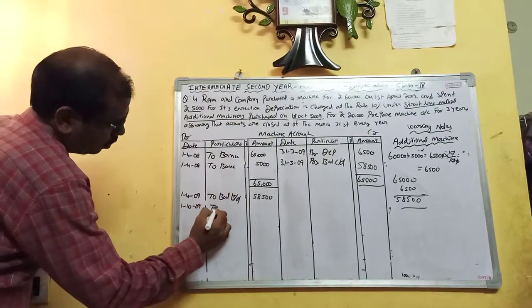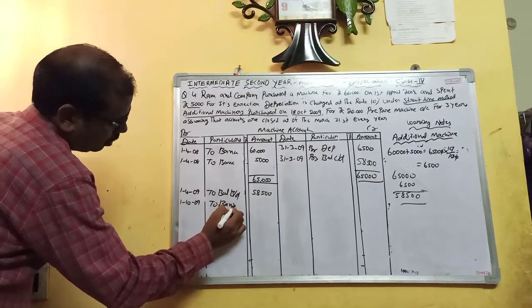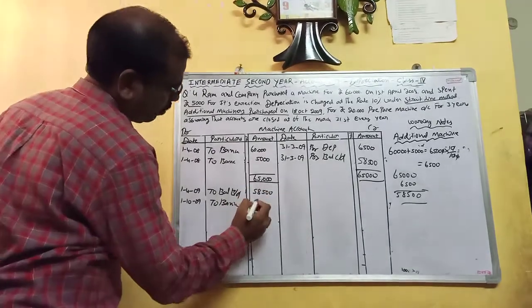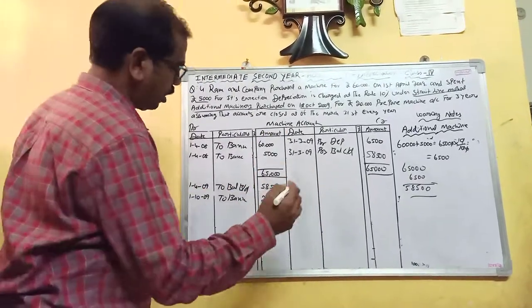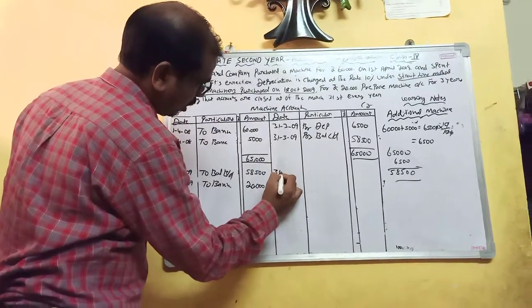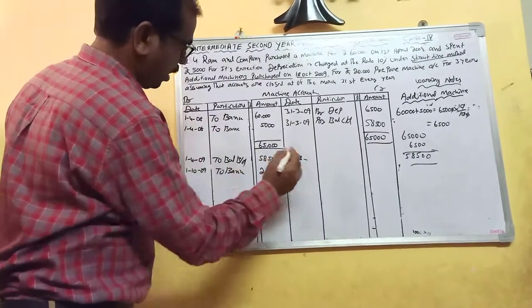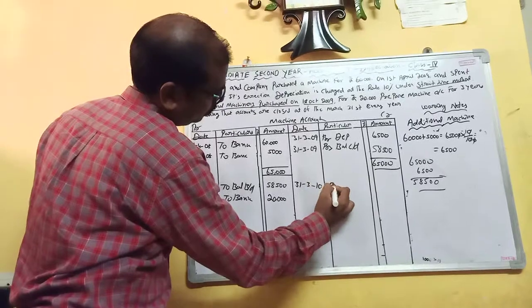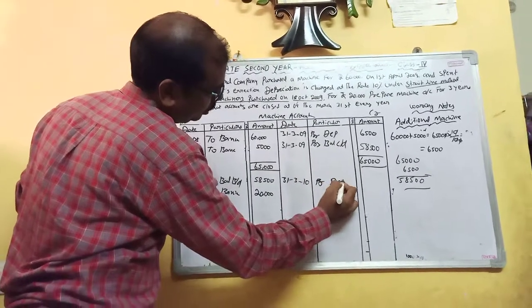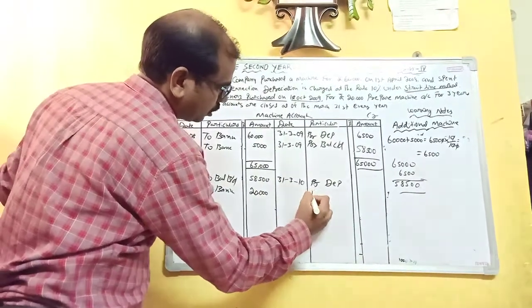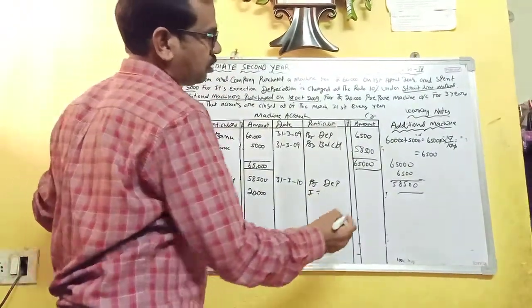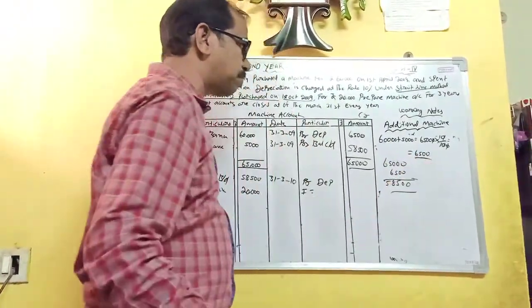1st October, to bank, because we bought it now, 20,000 rupees. We make the depreciation at the end of the year, 31st March, by depreciation. We have to take it machinery-wise. First machinery, how much? 6,500 rupees.